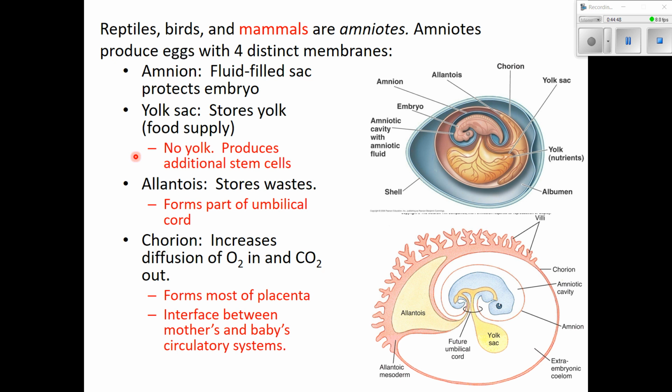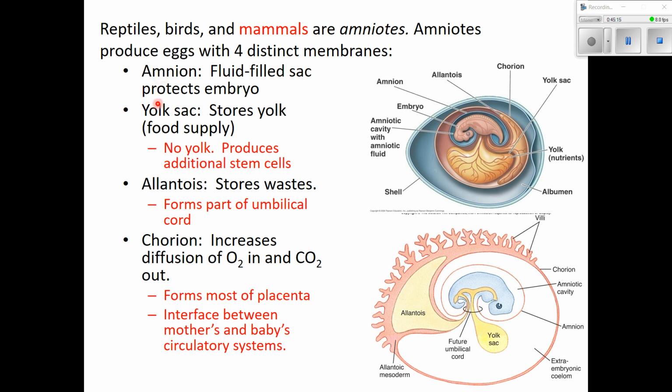So let me quickly run through. In black, you'll see a description of the 4 layers found within a reptile egg or a bird egg. They are amnion, yolk sac, allantois, and chorion. They each have a function. The amnion is the fluid-filled sac that protects the little baby reptile or the chick.